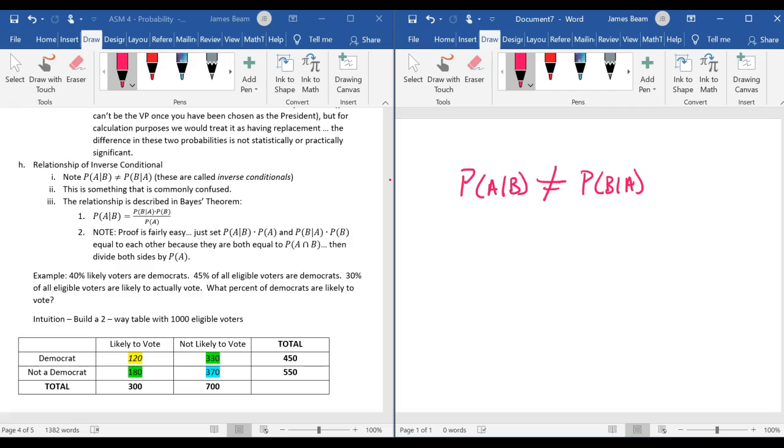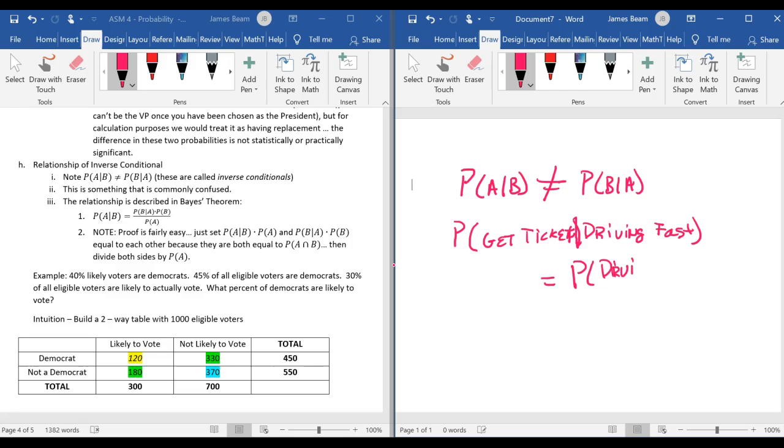For example, the probability of getting a ticket given that you are driving fast, versus the probability that you were driving fast given that you got a ticket.